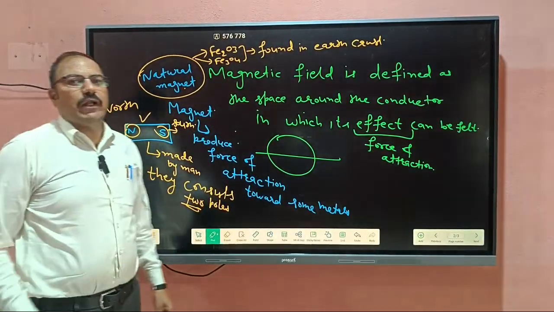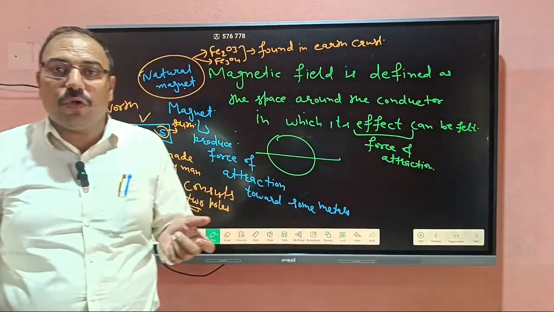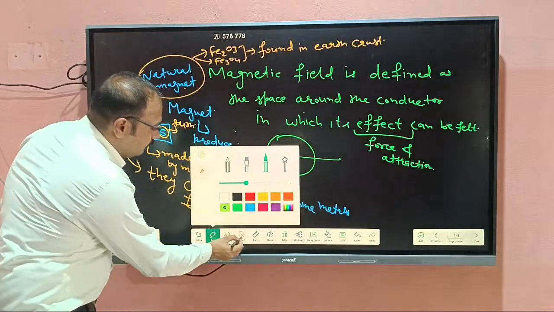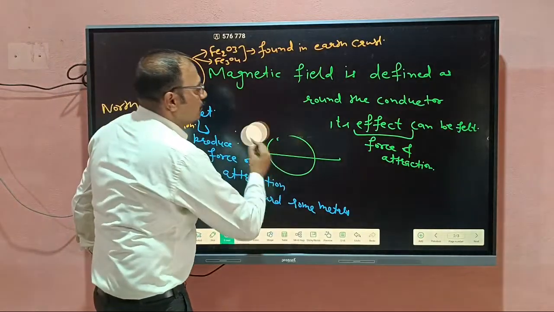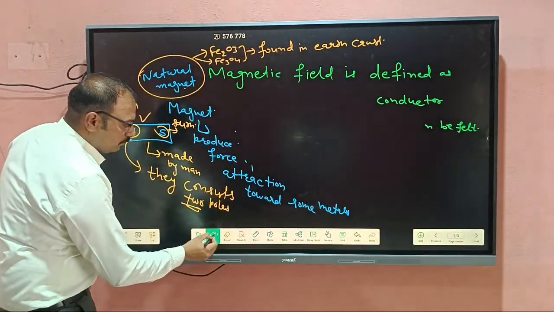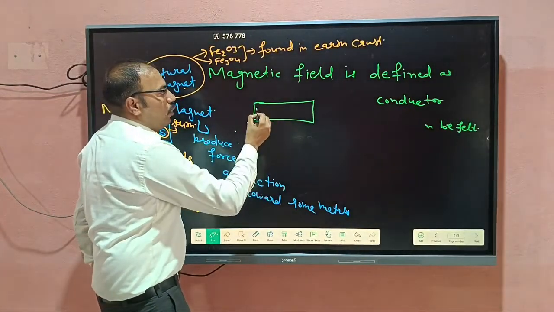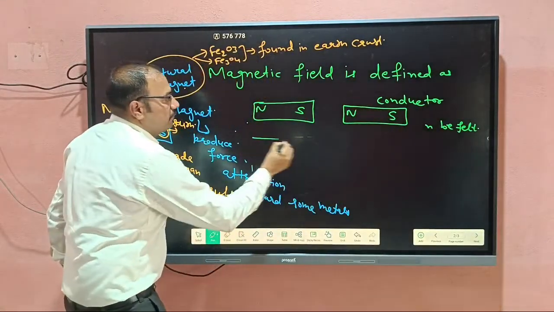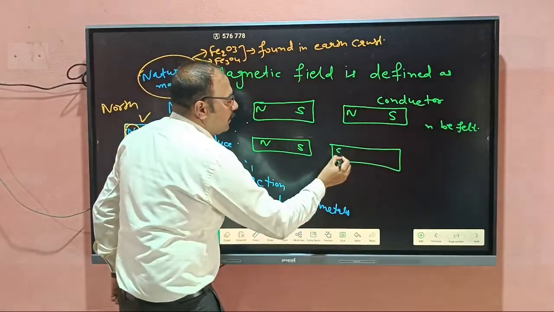Here what is important is, when you take two magnets and bring them close to each other, what happens? They either attract or repel. Like these are two magnets, north and south. And second, this is north and south. This is also south and north.